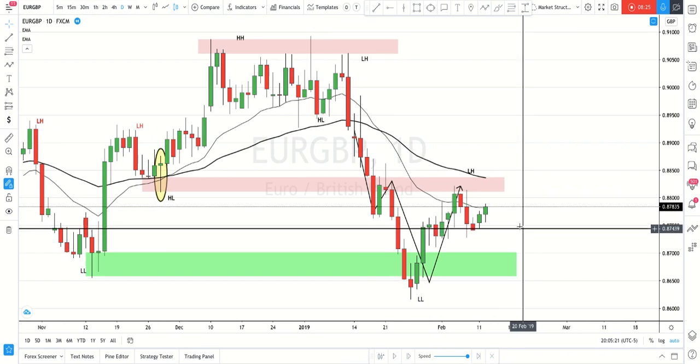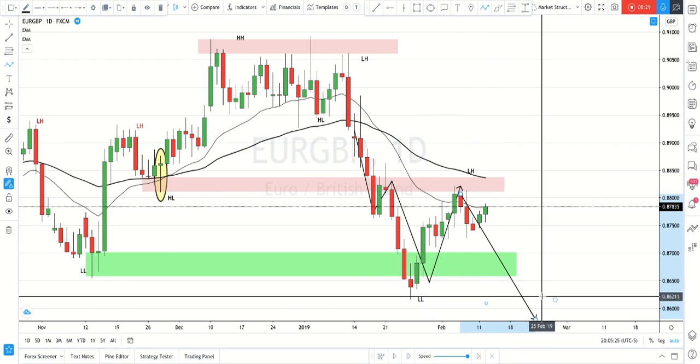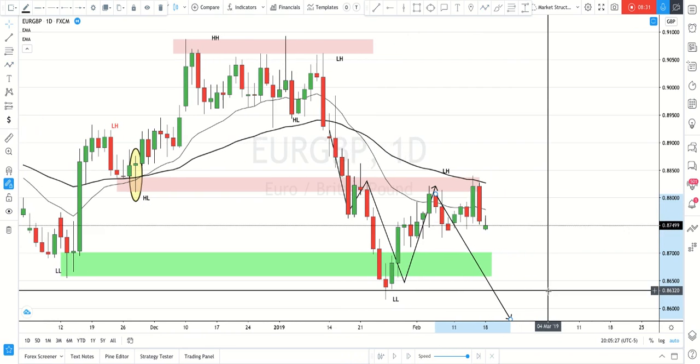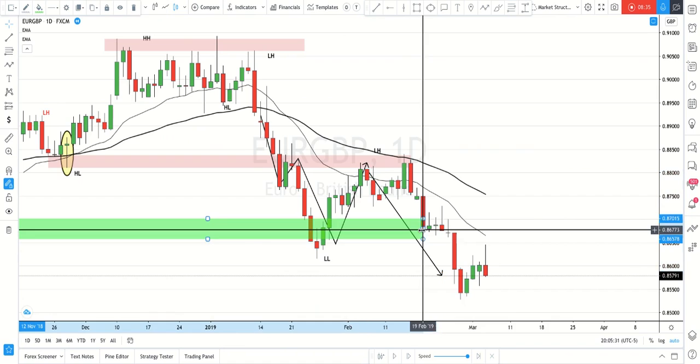And once we have a lower high, I now ultimately want to see that newest lowest low we have broken and taken to the downside, which is exactly what we wanted.